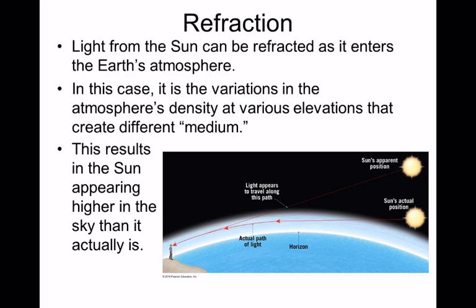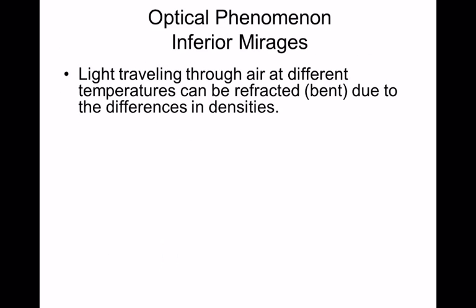This is us here. So the sun actually looks like it's up here, even though it's really down there, because its light is being refracted when we see it up there. Kind of a little trick there. Okay, so that's refraction due to density.